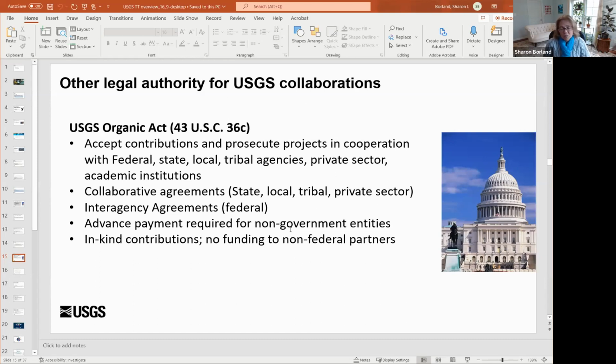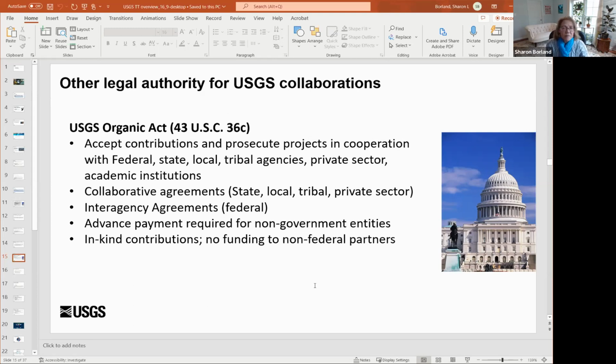Under this authority, advance payment is required for non-government entities, but we can also do agreements that have no funding changing hands. The agreements can be for all in-kind contributions by both parties. I have a note here that says no funding to non-federal parties.